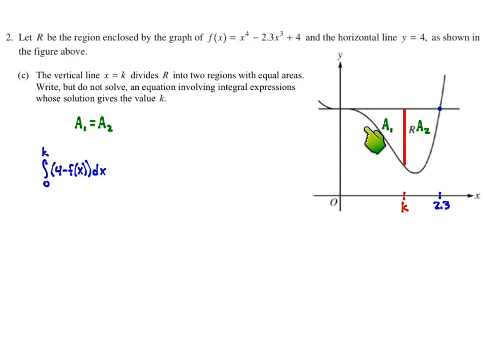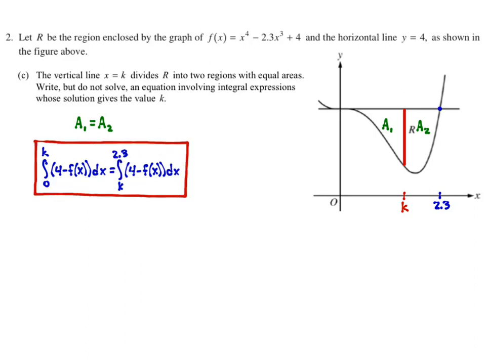So it's 4 minus f of x, and we're only going from 0 to k here. For the other area, that would be the integral from k to 2.3 of 4 minus f of x dx. And we set them equal to each other because that states that both areas are equal. We cut it into two equal parts. So that's one way of saying that.